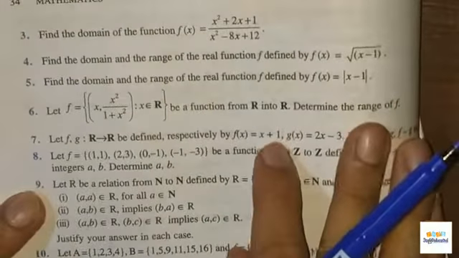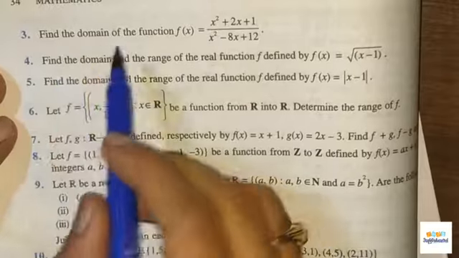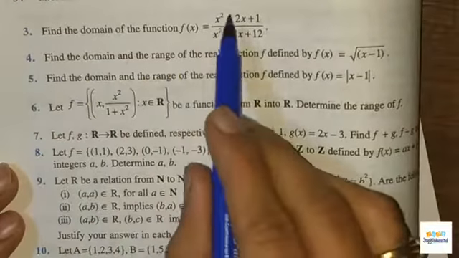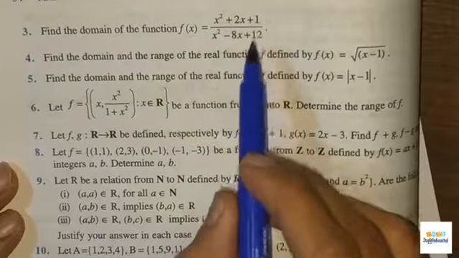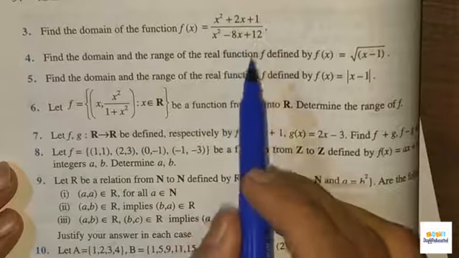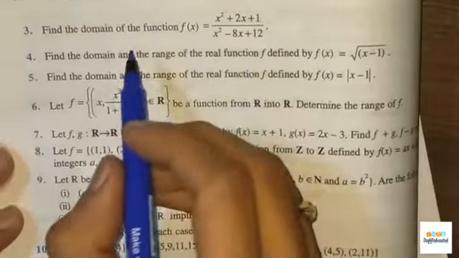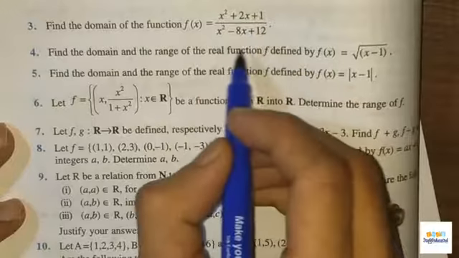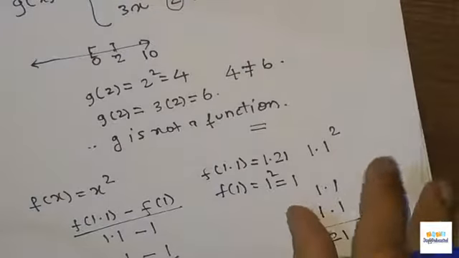The third problem is, find the domain of the function f(x) equal to (x square plus 2x plus 1) divided by (x square minus 8x plus 12). Okay, so we have to find the domain of this function f(x). So let us see how to solve.